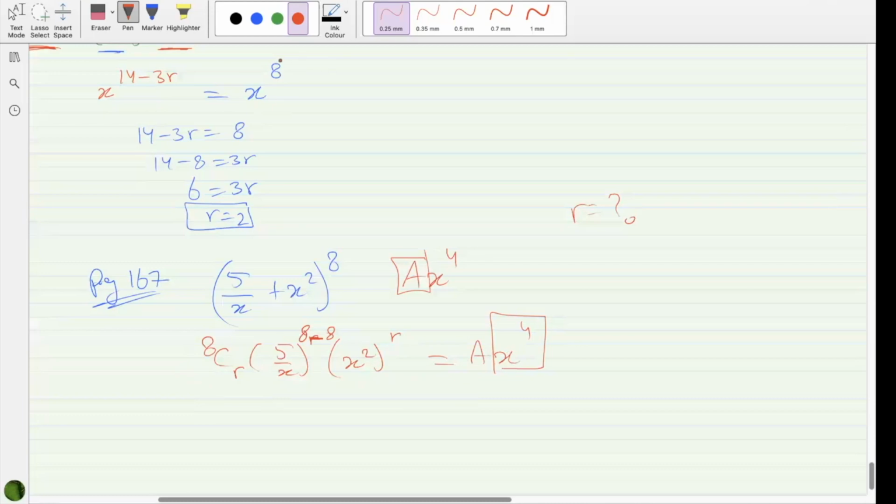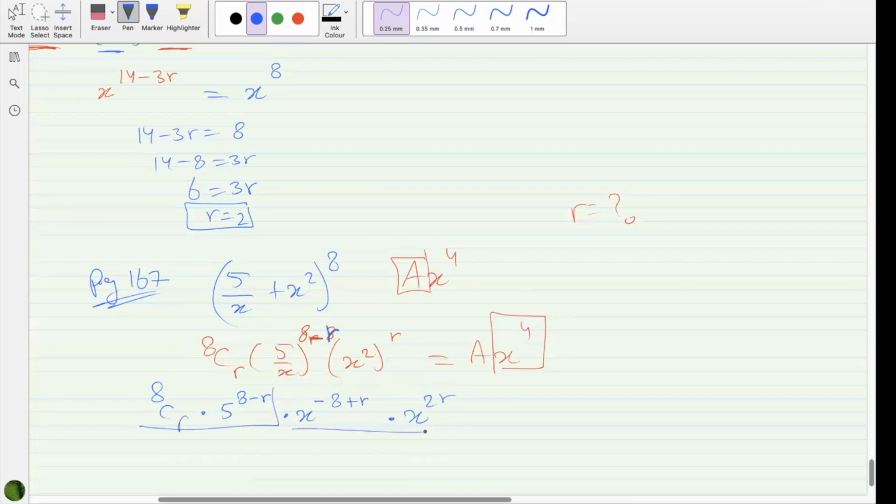So I'm separating the numbers. First is 8cr dot. Now when we deal with this 5, this is 5 raised to power 8 minus r. And when we deal with this x, this is x raised to the power minus 8 plus r. I've reversed the sign because I brought x from denominator to numerator. Dot x raised to power 2r.